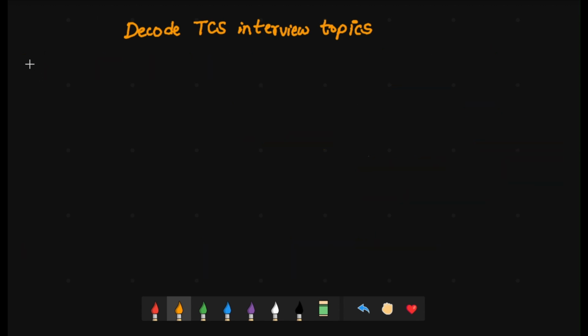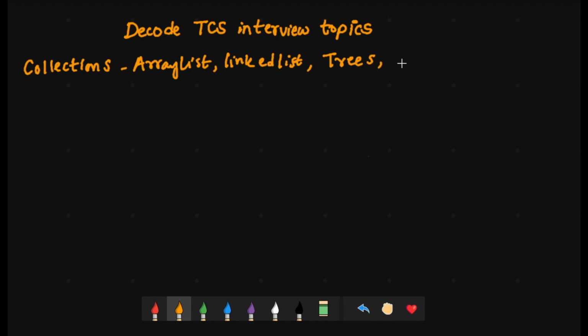After access modifiers you need to stress on collections, and in collections what you need to focus on is array list, linked list, trees, hash set, hash map.